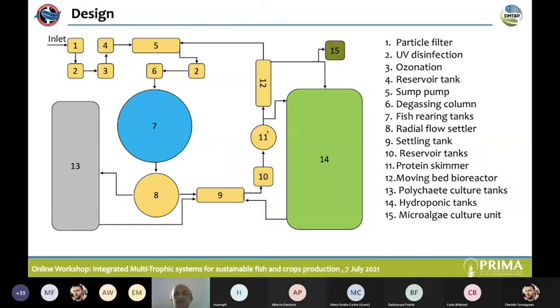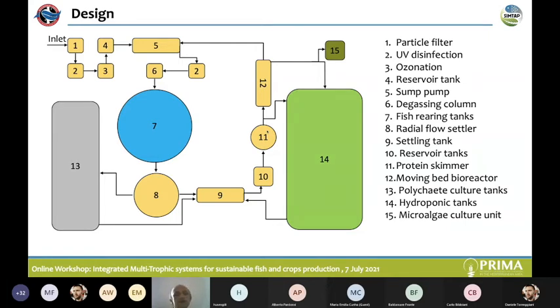The filtered and disinfected seawater is pumped into fish tanks through a second UV disinfection system and degassing column. Fish rearing units consist of 4 round tanks with a capacity of 5 cubic meters.